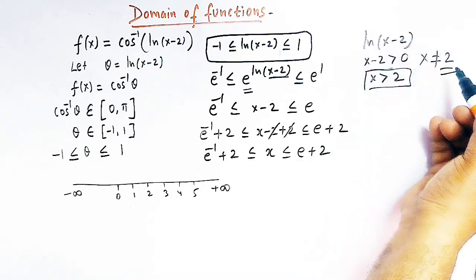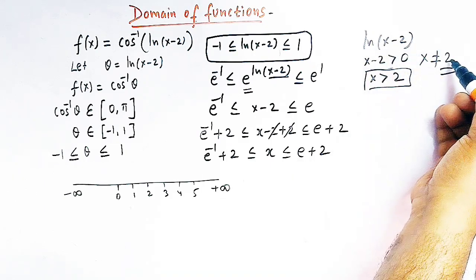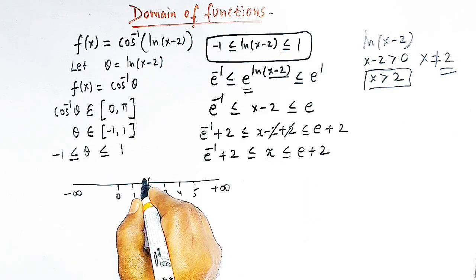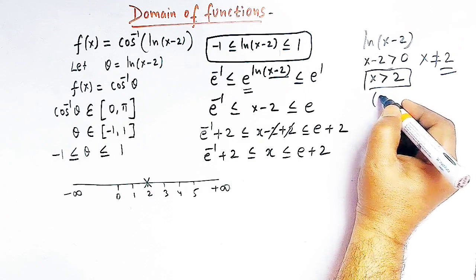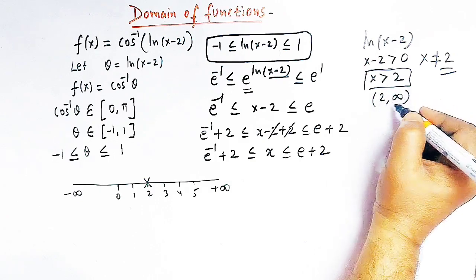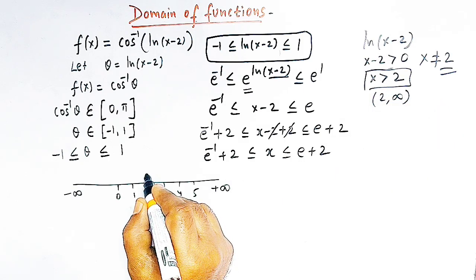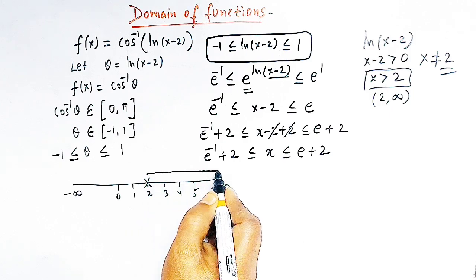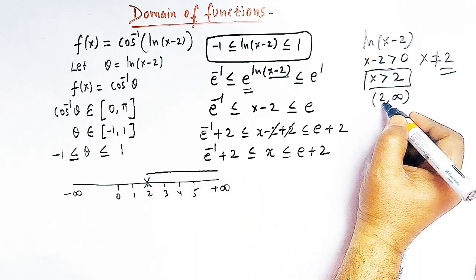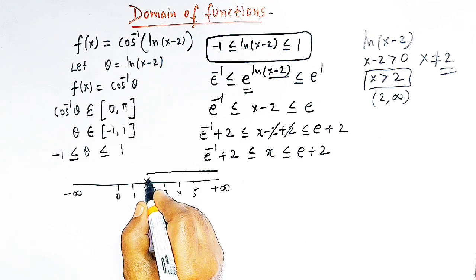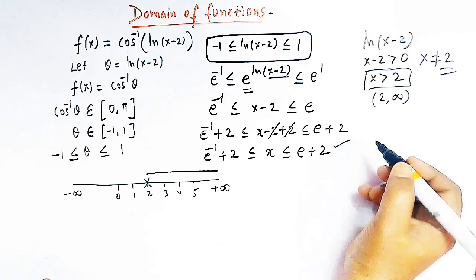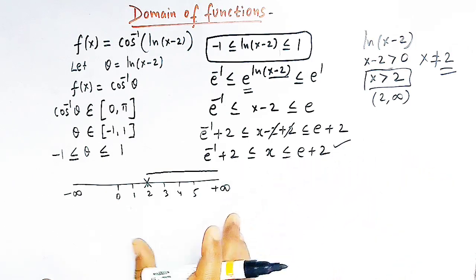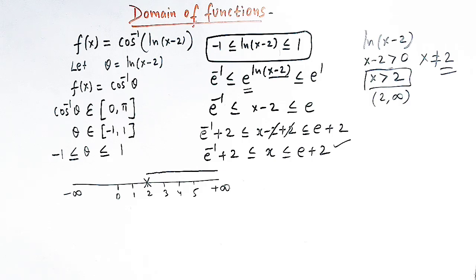So log of x minus 2 is not defined for x equal to 2. So we have to first discard x equal to 2. So x greater than 2 implies that we have the interval 2 to infinity. So here we have this region for this interval, 2 to infinity, and x equal to 2 is not included.